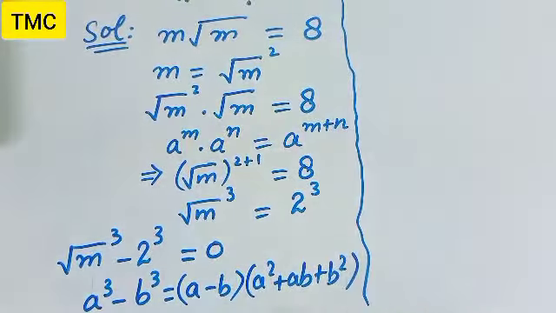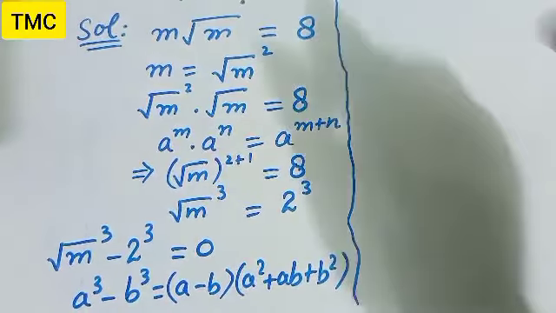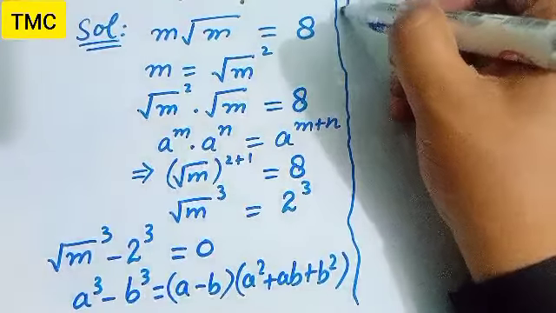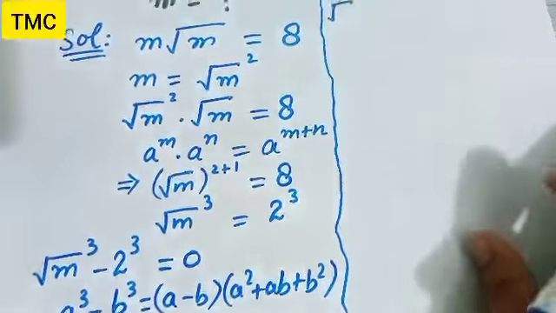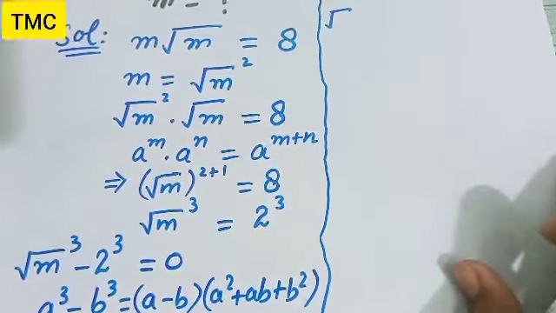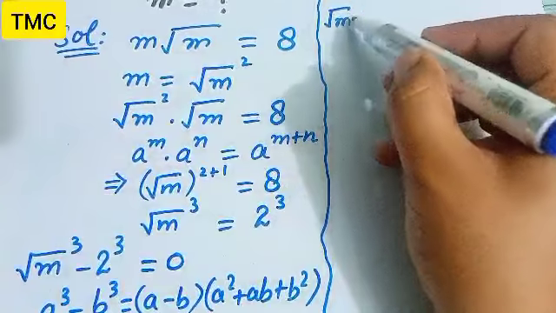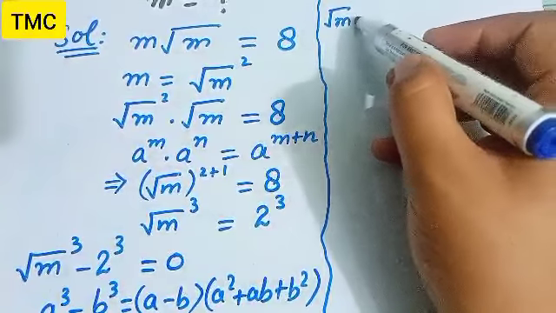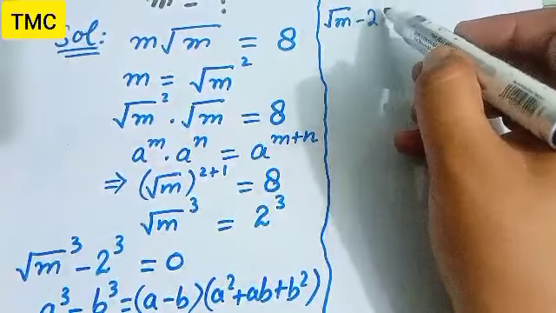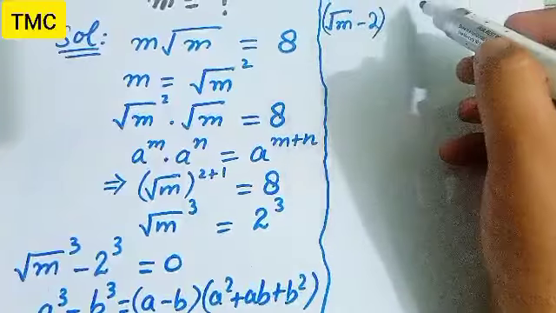Now applying it here, we can write square root m cube minus 2 cube as square root m minus 2 into a square.